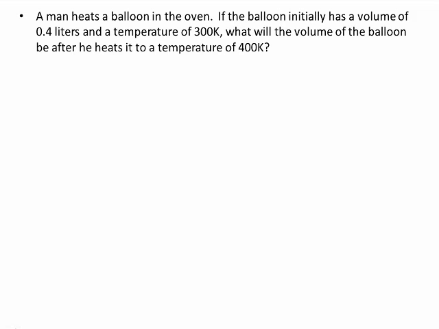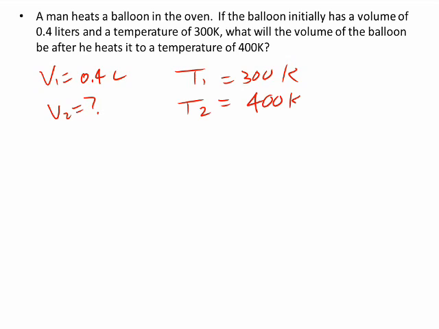So first thing, just write this down. Volume 1 equals 0.4 liters. Temperature 1 equals 300 K. We want to know what volume 2 will be, and temperature 2 is 400 K. Now we might not recognize this as being Charles's law.